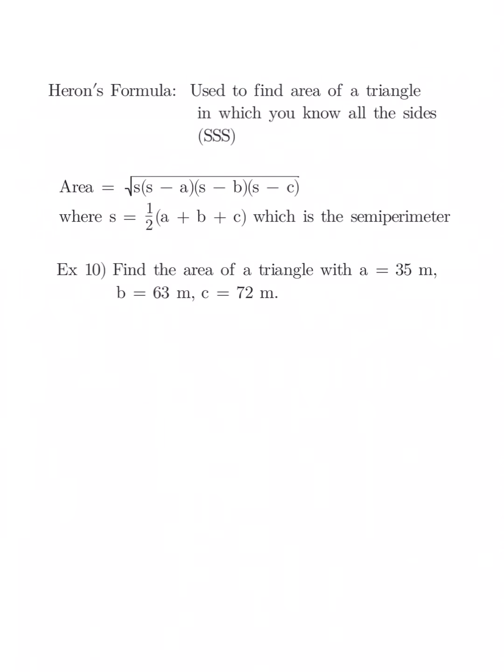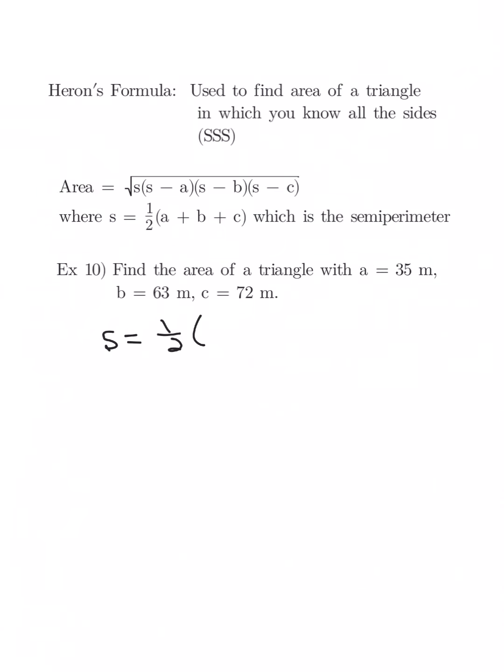Our example for Heron's formula, we are to find the area of a triangle with A equaling 35 meters, B equaling 63 meters, and C equaling 72 meters. Since S, semi-perimeter, is used throughout the actual area formula, you have to find S first. So S is 1/2 the sum of the 3 sides. Remember, the sum of the sides of a triangle gives you the perimeter.